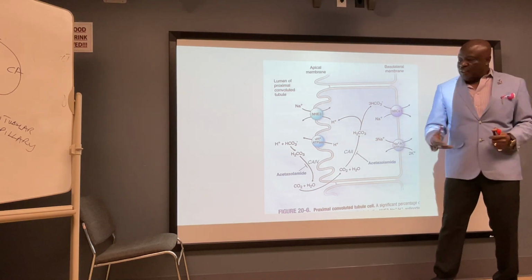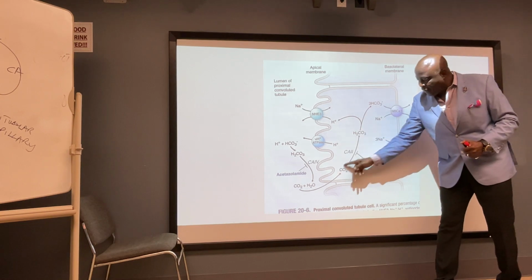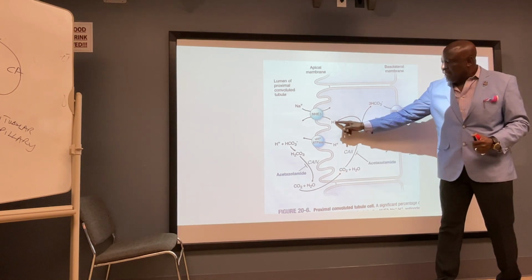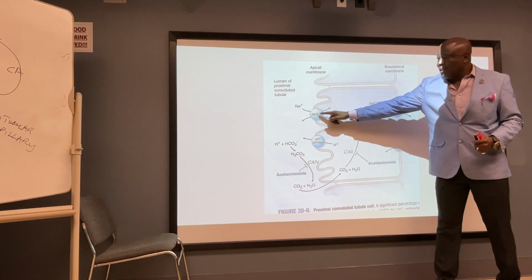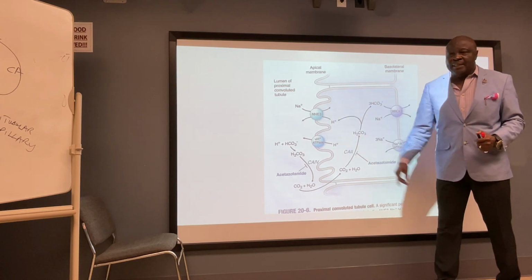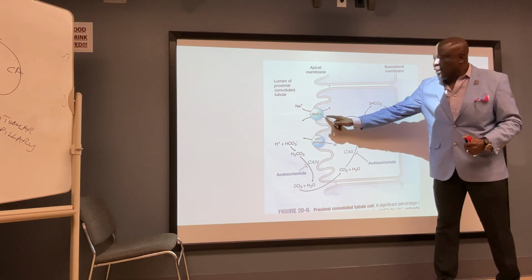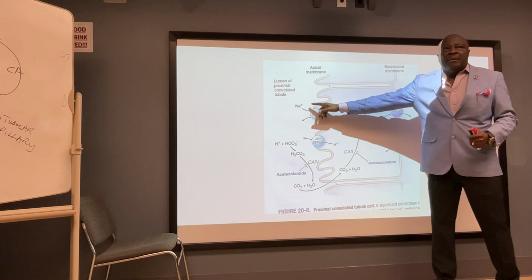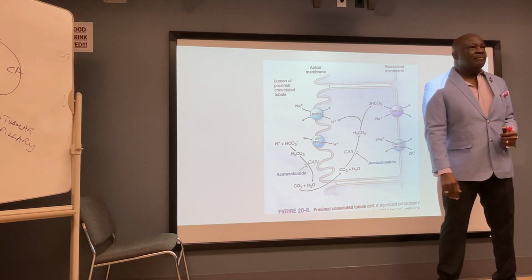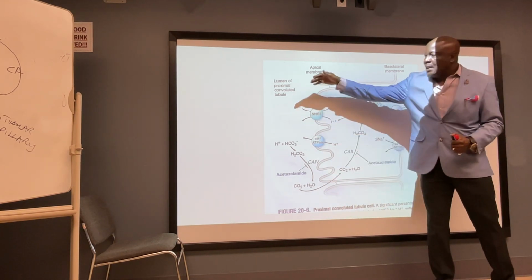And the last step that you need to know also is this, because this is not occurring. Hydrogen ions is not being supplied to this transport mechanism. So if hydrogen ions is not being supplied, where does sodium stay? Outside. It stays outside.